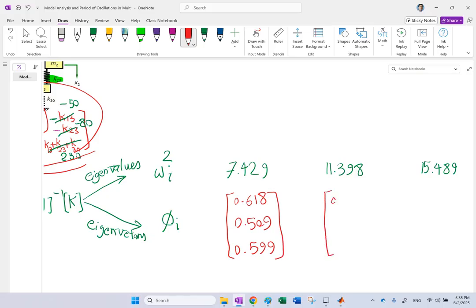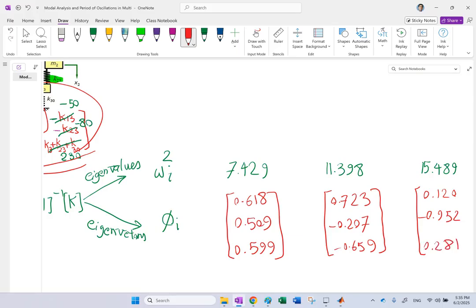Then here we have 0.723, negative 0.207, negative 0.659, and the last one is 0.12, negative 0.952, and 0.281.